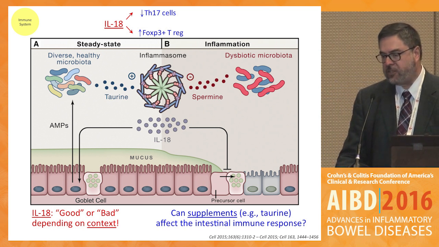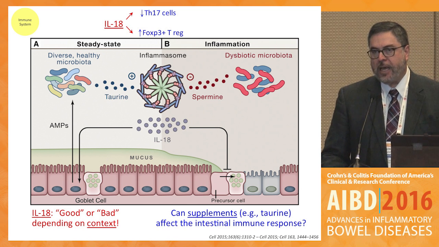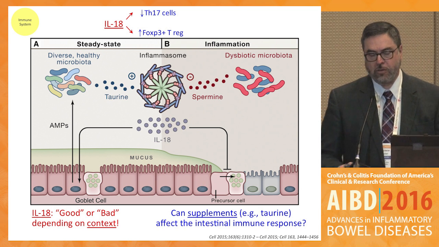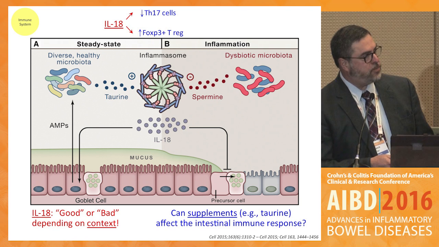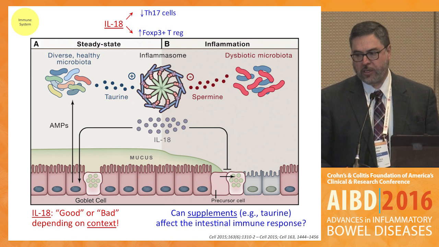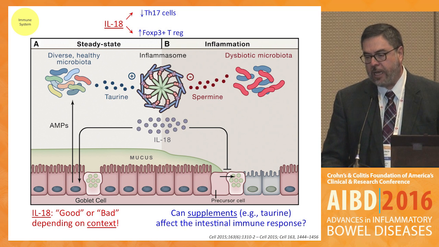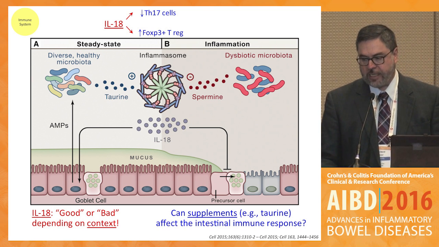However, during inflammation, there's a dysbiotic microbiota, and this dysbiotic microbiota, instead of producing taurine, will produce spermine. And spermine actually inhibits the production of IL-18. So it will not favor the homeostatic state.